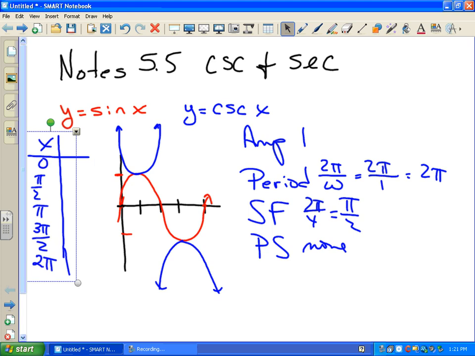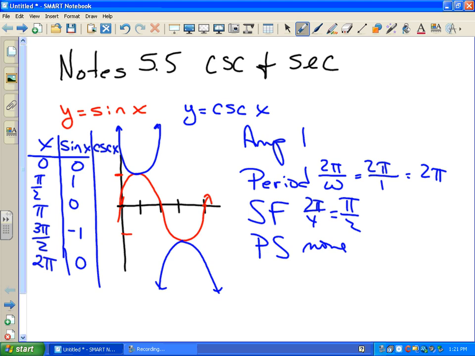All right, as we think about this, one time we're going to put an extra column in here, and we're going to show what's the sine of that, and then we're going to talk about how does it become cosecant, so you can see how to get it in case you forget your cosecant numbers. All right, so what were those sine numbers that we used before? 0, 1, 0.